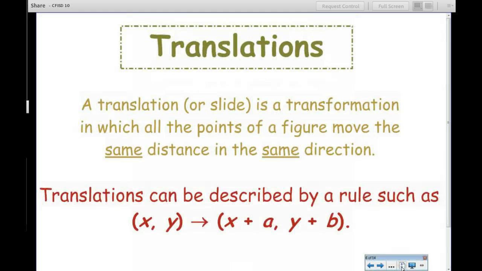So here's the definition of a translation. A translation or slide is a transformation in which all the points move the same distance in the same direction. You can't move some of your points by one rule and some of your points by another rule. They all go the same distance, the same direction. This is called a rule.